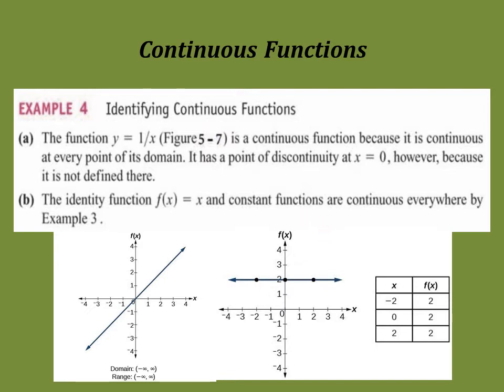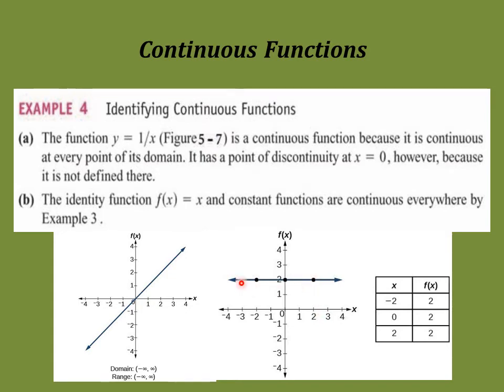For example, here we got f of x equals 2. So for any value of x we choose, suppose that it is a negative or 0 or positive value, the result is f of x equals 2. Then the ordered pairs: negative 2 and 2, here is negative 2 and here is 2, so this is the point. 0 and 2, this is the point. 2 and 2, this is the point.